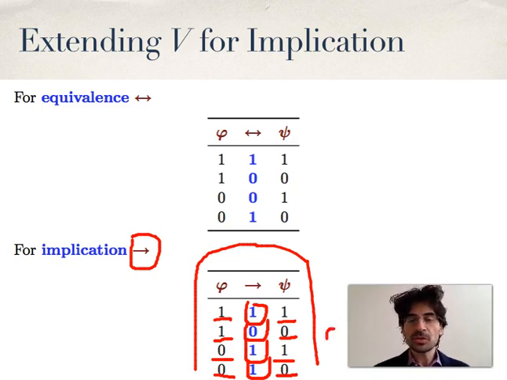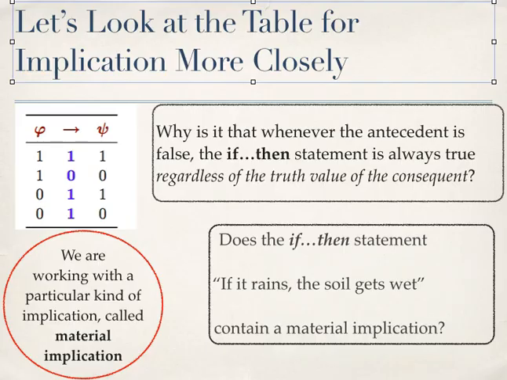These last two assignments in the truth table might be a little puzzling to you. So for the time being, I think it is enough to just register that this is the truth table of the implication. This is just how we define the implication. You might not agree with this, but that's just the definition that we're going to use.